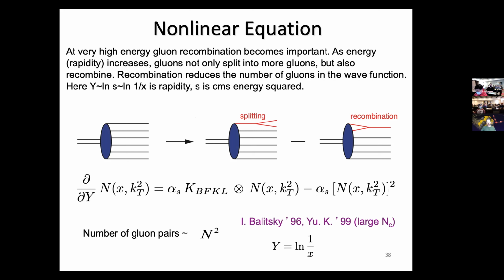So when the gluon density gets very large, the splitting and recombination effects balance each other out, and this is the phenomenon of gluon saturation in terms of small x evolution equations. Okay, so this is the idea of saturation.